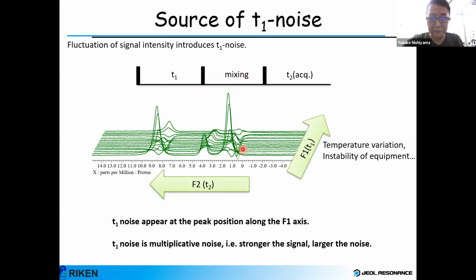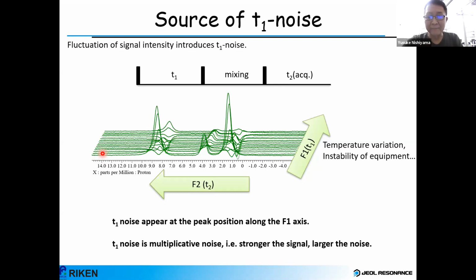Here is one example: we have a 1D spectrum, and its intensity is modulated depending on the T1 period. By applying the Fourier transformation along this axis, we can obtain the 2D NMR spectrum. That means each NMR spectrum is observed at a different time.